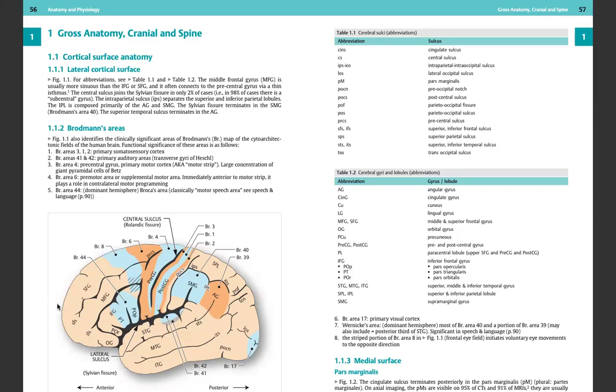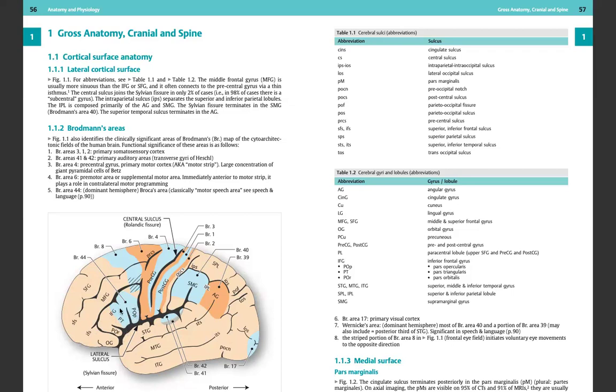Now, the frontal lobe has the superior frontal gyrus, middle frontal gyrus, and the inferior frontal gyrus. The inferior frontal gyrus is particularly important because it's divided into the pars orbitalis, pars triangularis, and pars opercularis.